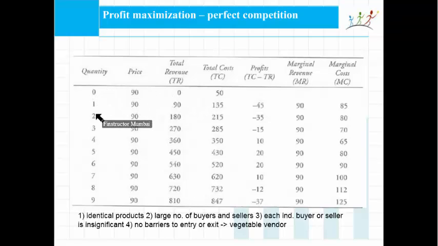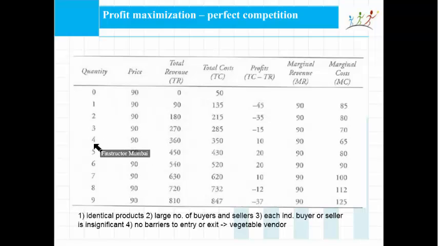So each seller is a price taker. Whether he sells 0 kgs of potatoes or 1 kg of potato or 6 kgs of potatoes, the price that he will get is the market price, that is $90. The property of perfect competition is that the marginal revenue is the same as the average revenue. That is, because the average revenue or the demand curve is not downward sloping, he can sell all units at the same price.